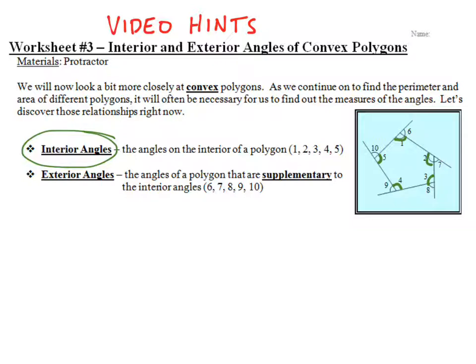The exterior angles, on the other hand, are going to be the ones that are supplementary to those interior angles. So they're going to be the ones on the outside here, 10, 9, 8, 7, and 6. Right? So here, these are the exterior angles, the ones in red.